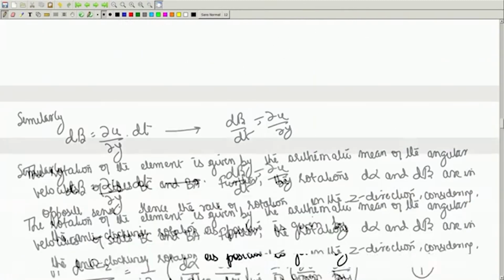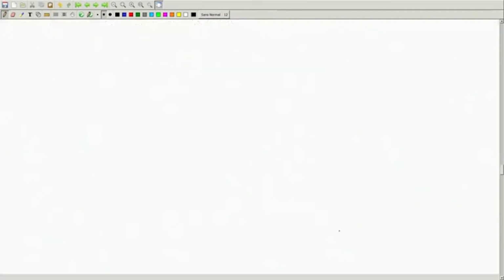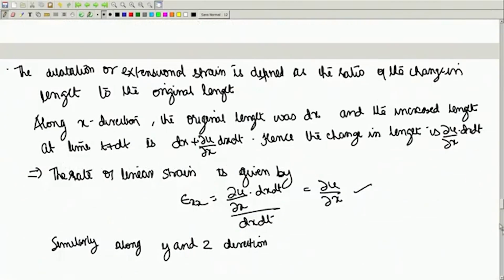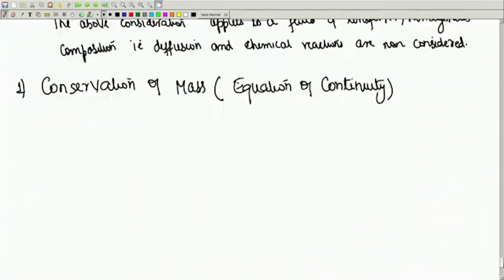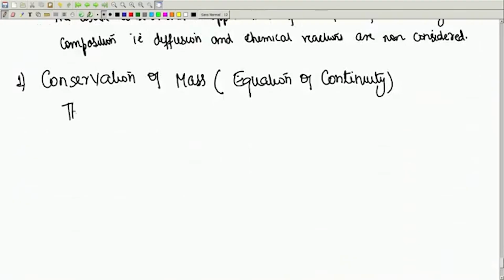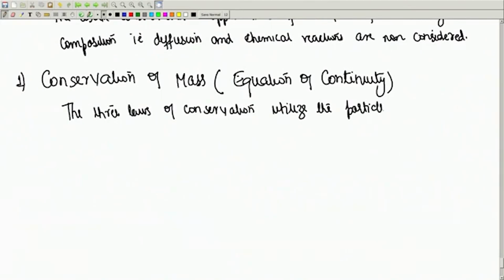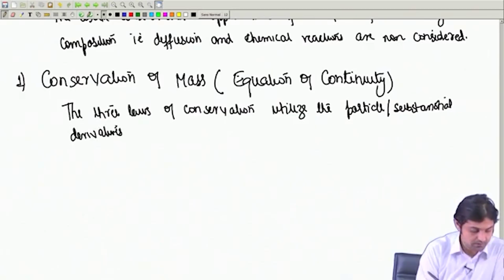So going back, the three laws of conservation utilize the particle or substantial derivative.